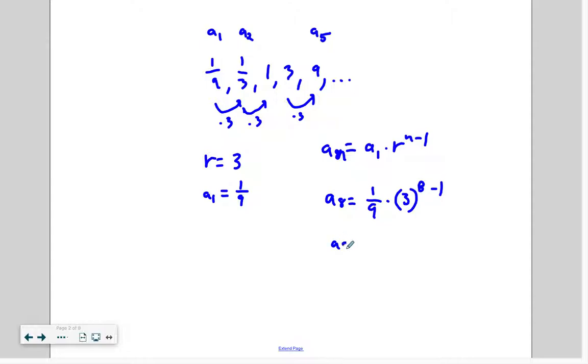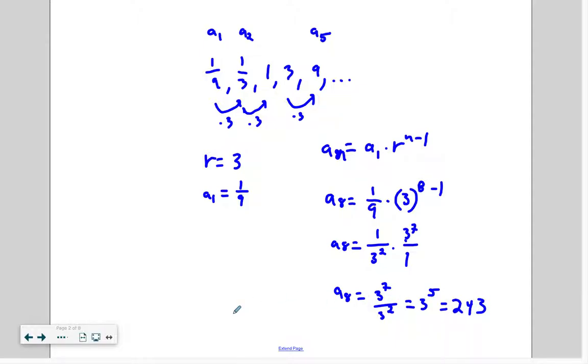So you end up with a sub 8 being equal to 1 divided by 3 squared times 3 to the 7th over 1. Multiplying across the top and bottom, you end up with a sub 8 equal to 3 to the 7th divided by 3 to the 2nd, which is 3 to the 5th, doing top minus bottom powers. And 3 to the 5th is 243, just like I said.